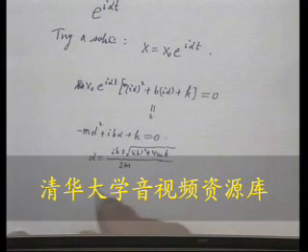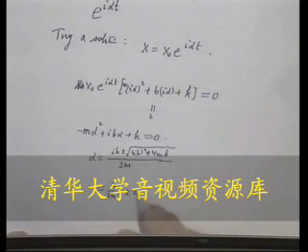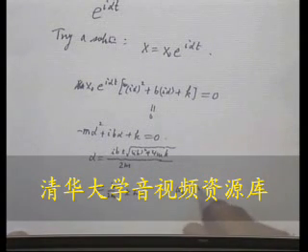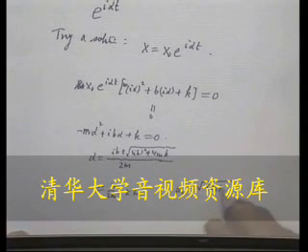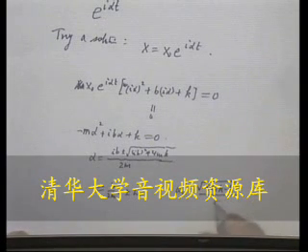Let us write that as b over 2m I plus minus omega 0, where omega 0 is equal to square root of 4mk minus b squared divided by 2m.